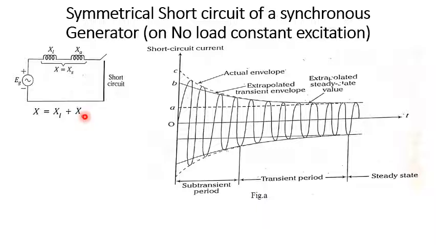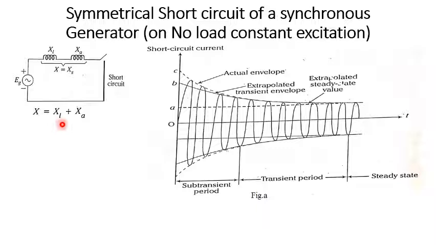The reactance due to the flux set up by the armature winding, but which does not cross the air gap, we call the leakage reactance. This is denoted by XL.